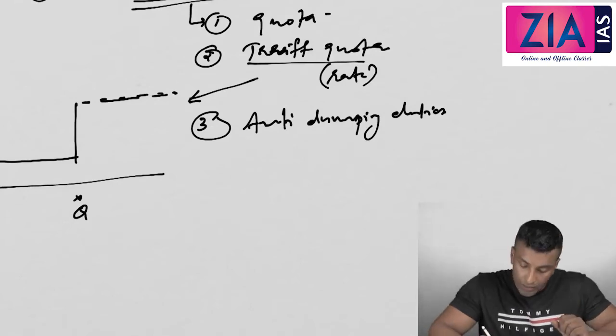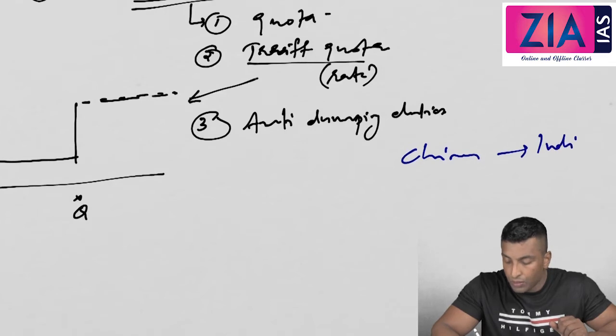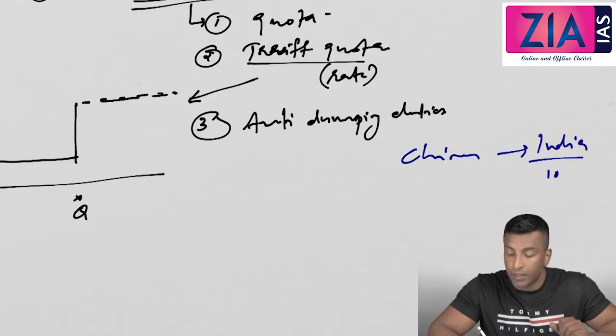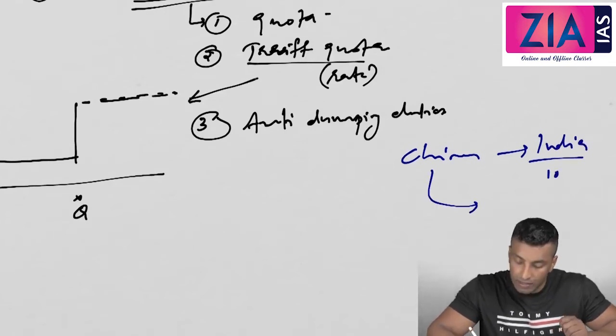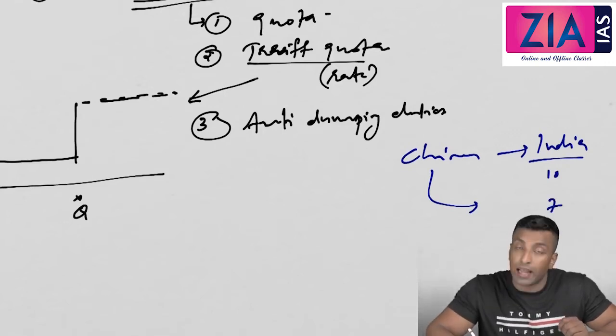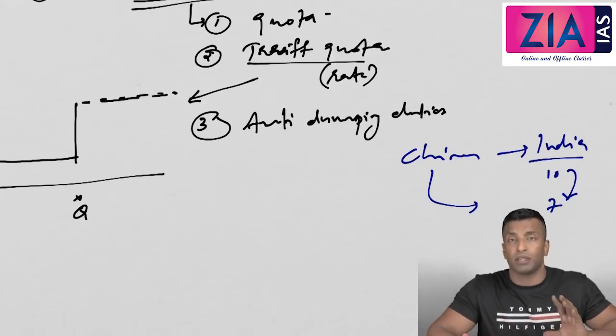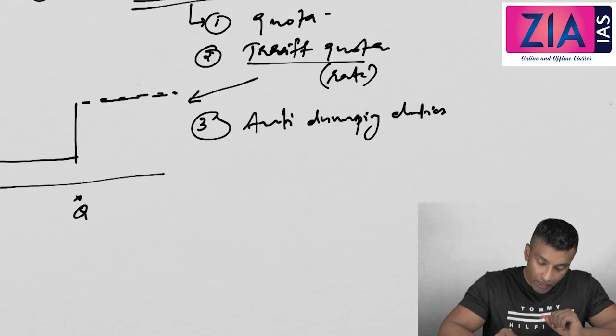Like Chinese products coming to India. In India the price may be 10 rupees, but the same product from China is coming and selling at maybe 7 rupees. So it is selling in a foreign country at less than the domestic price.